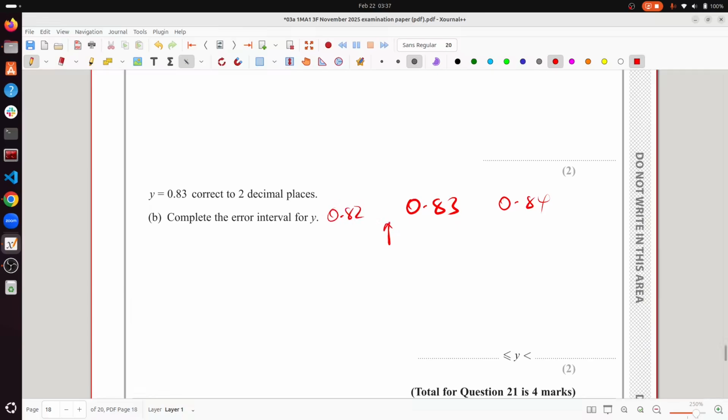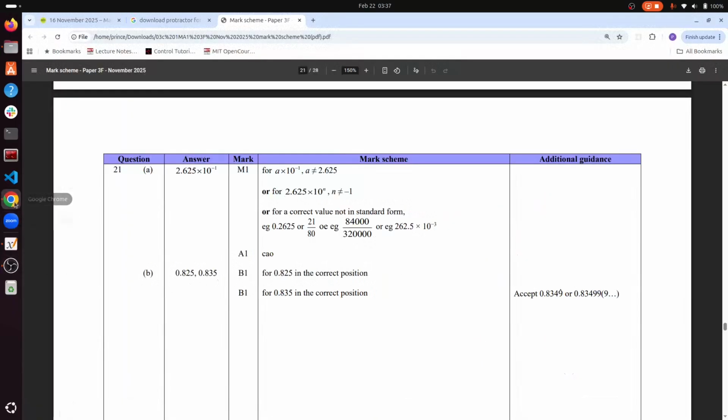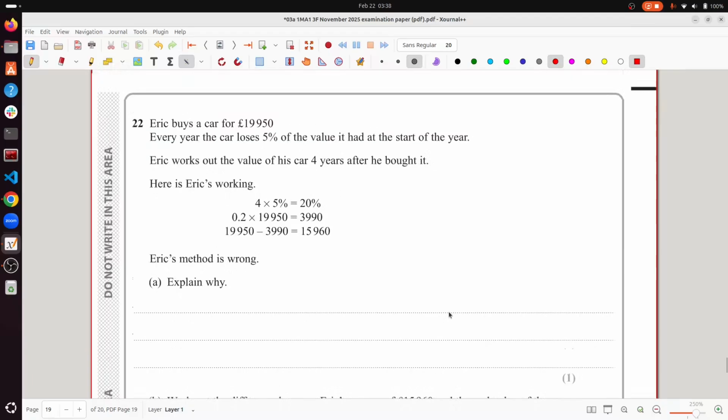In between those we have 0.825, and in between the upper pair we have 0.835. That's my error interval, so my maximum is 0.835 and my minimum is 0.825. Okay, that's fine.